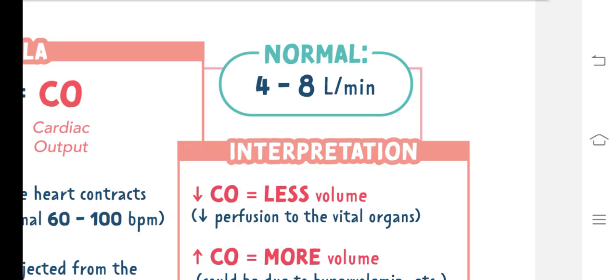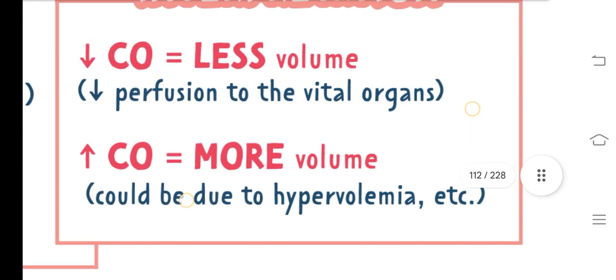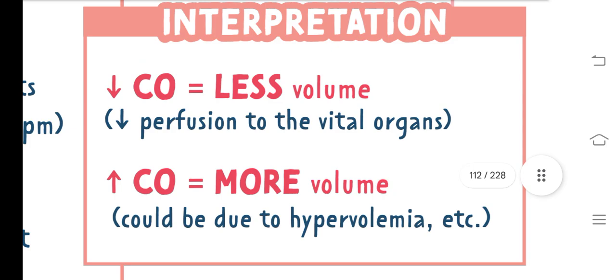And then we have some interpretation. If you have decreased cardiac output, it means you have less volume, and ultimately less perfusion to the vital organs, which means there is decreased perfusion of blood to the vital organs of the body.